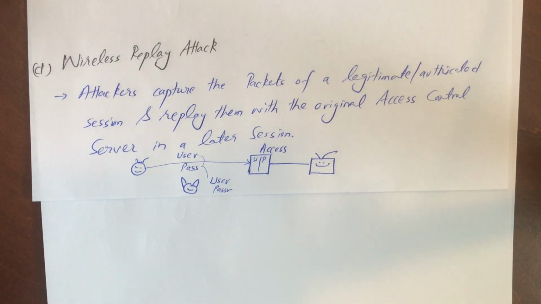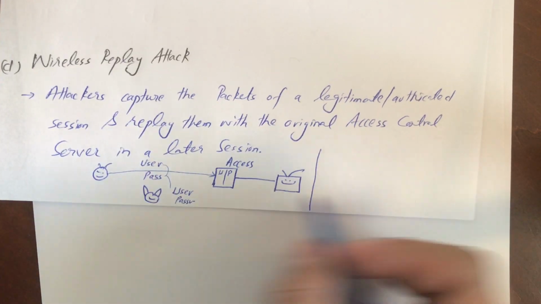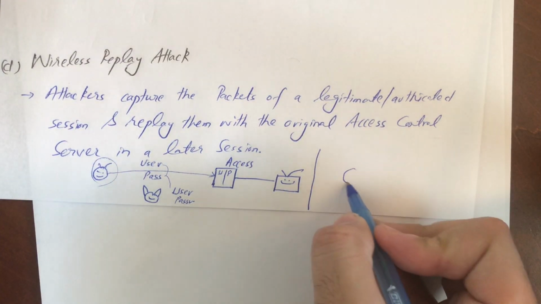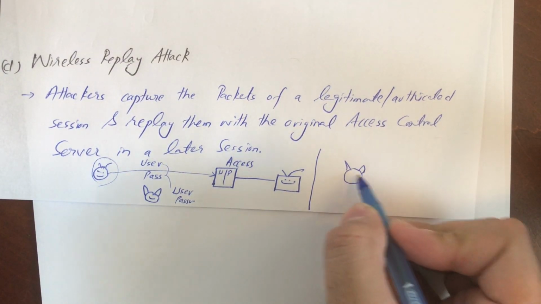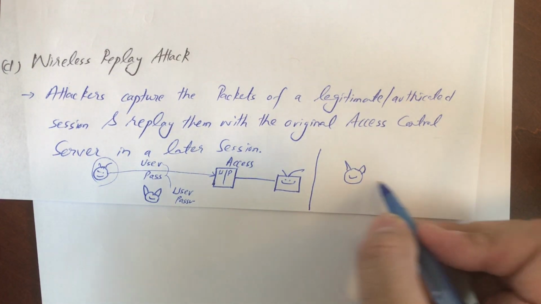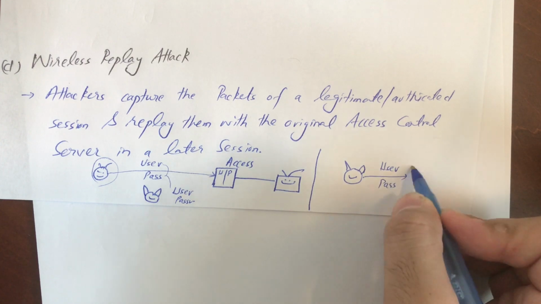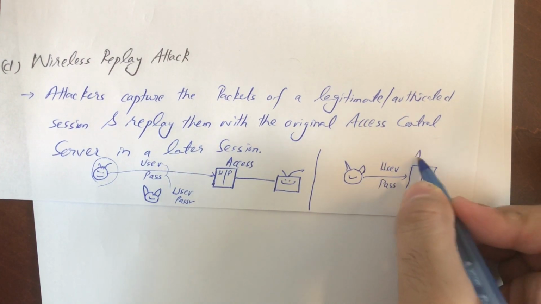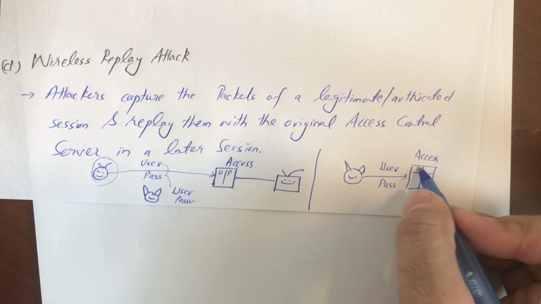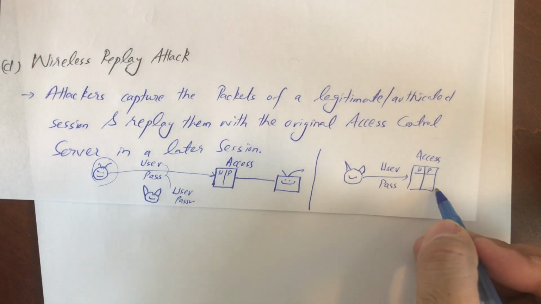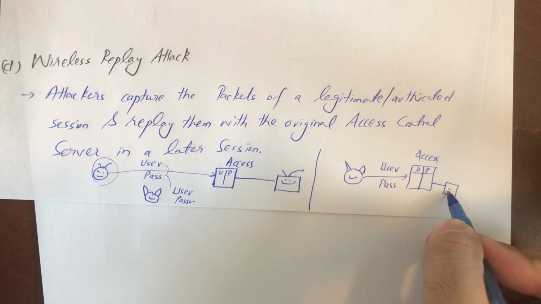Now let's say after some time, this particular user is gone. Now the attacker comes in and joins the network. The attacker sends this encrypted username and password to the access control system, and then this is the resource.